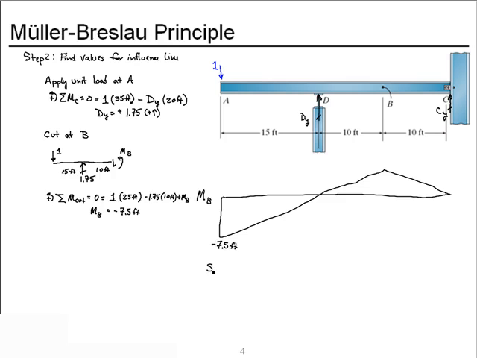Now we'll use similar triangles to find this value. We'll call it M. So 7.5 feet over this distance, which is 15 feet, has to be equal to our missing influence line value over this distance, which is 10 feet.